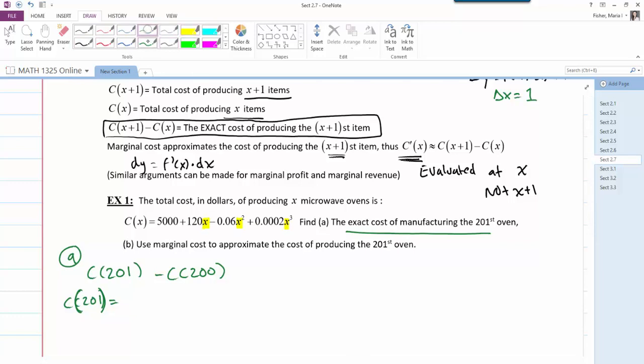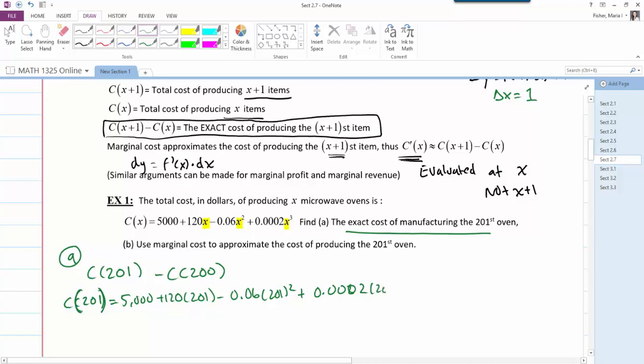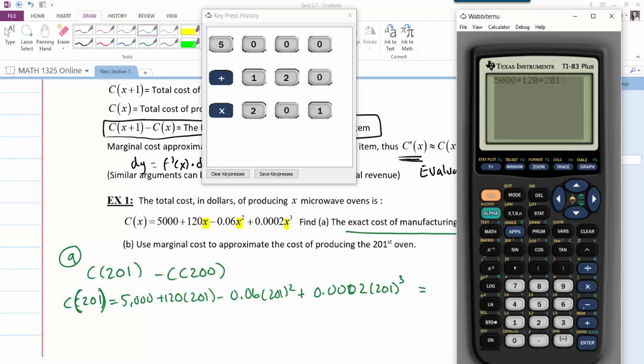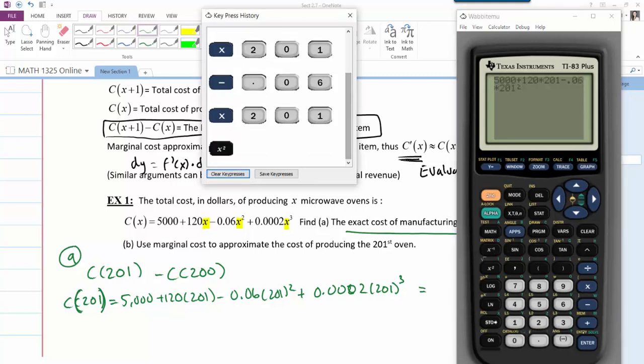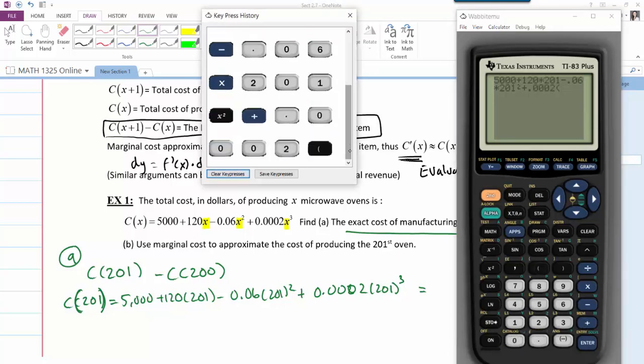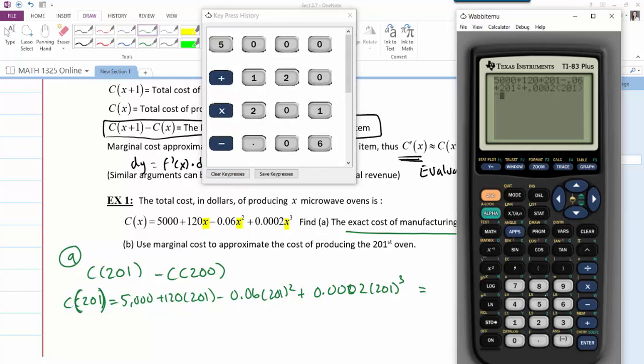So in this case, it's going to be 5,000 plus 120 times 201 minus 0.06 times 201 squared plus 0.0002, sorry, 0.0002 times 201 cubed. So we're going to plug that into a calculator real quick.